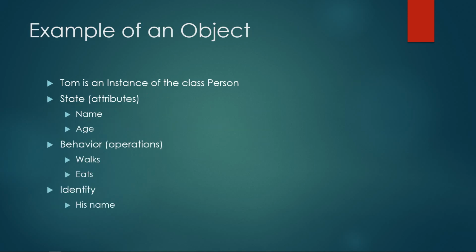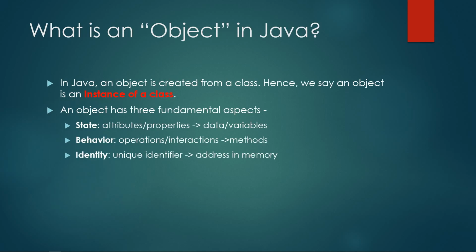See, this is an example of an object. Tom is an instance of the class person. Tom is the object and person is the class. That's where the previous "instance of a class" part comes in.